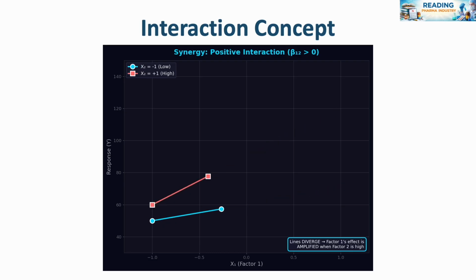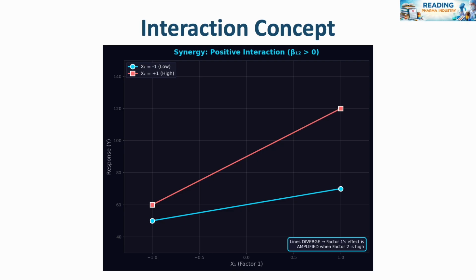Look at the blue line here: -1 means low x1 with low x2. Look at the other side, still on the blue line, high x1, low x2. We see a modest increase, which is expected, in y.